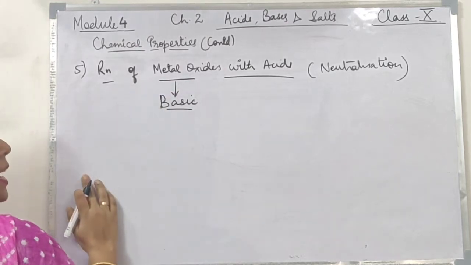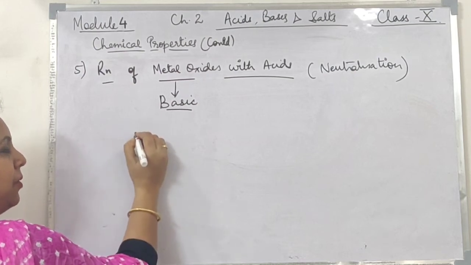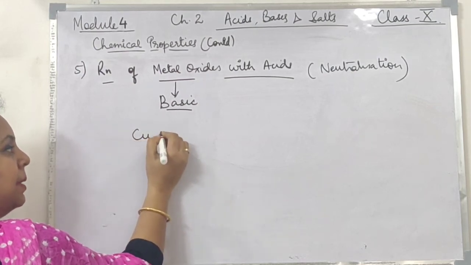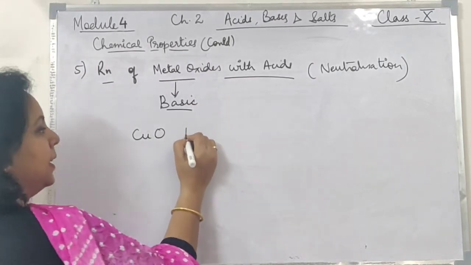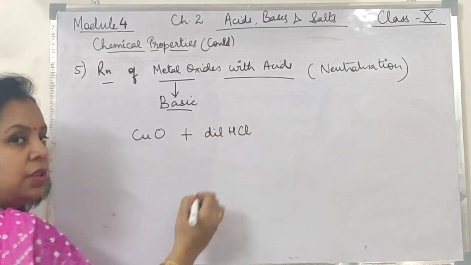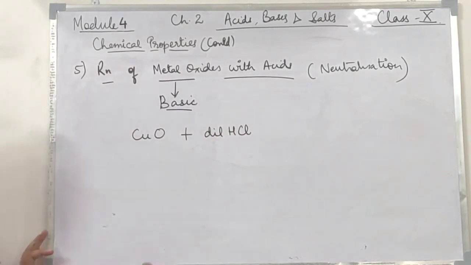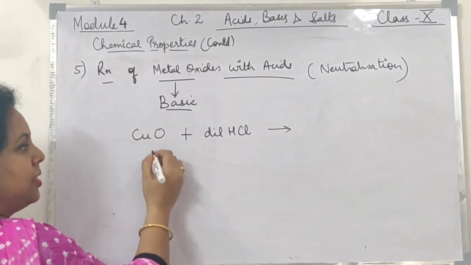Now, reaction of metal oxides with acid. If I say there is a metal oxide, copper oxide, and I react it with dilute acid, what will happen? Can you complete the reaction?